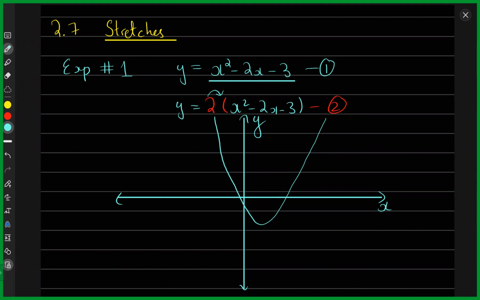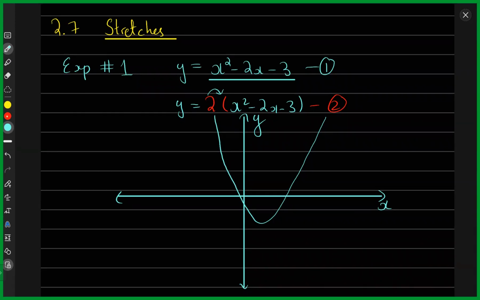And just imagine that this was an elastic string out of which I made this graph, and you're just pulling it down. So what would happen? The new graph is going to be something of this type.